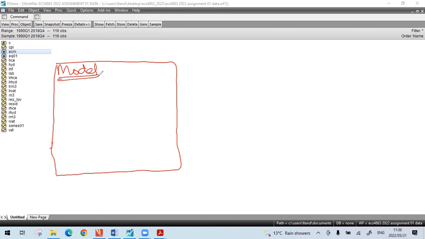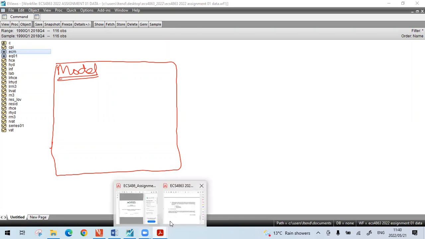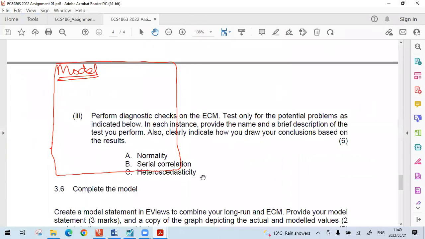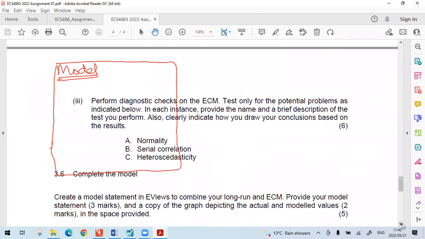But where is the model coming from? You should know, because we are told here. What are they saying here? On question 3, they are saying create a model statement in EViews to combine.